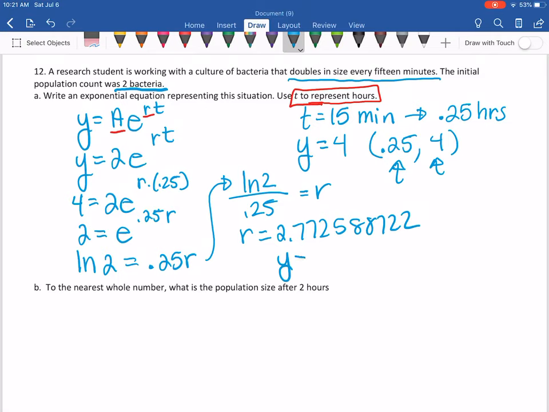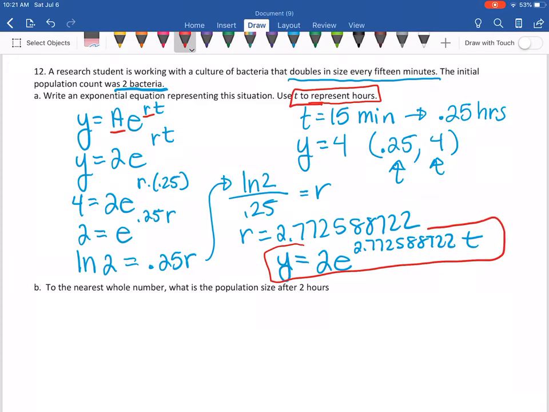So my equation is going to be y equals my initial value, which was 2, e to the power of my value of r, which is 2.772588722, and then t. Now, that is my equation for part A.